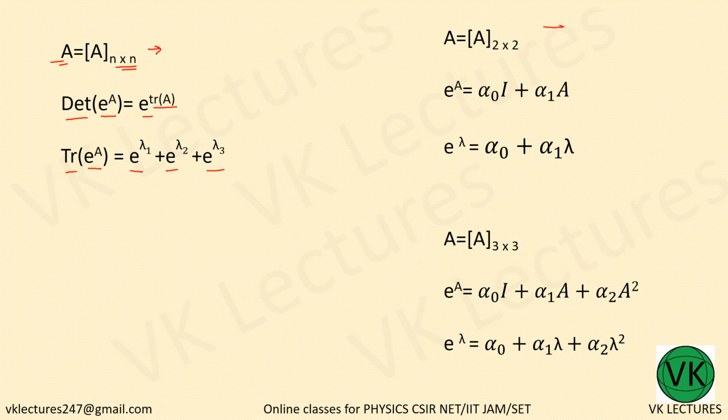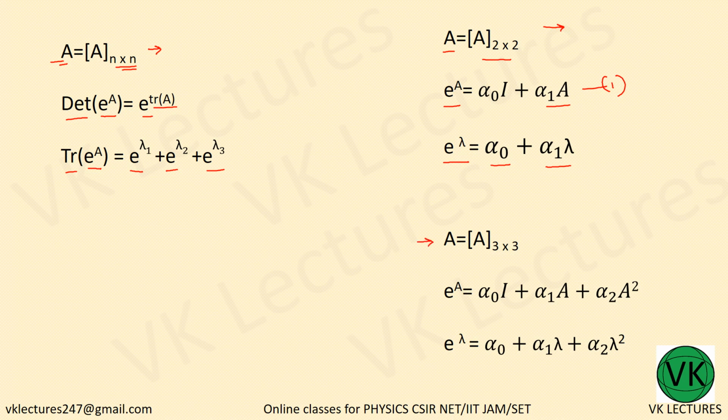Now here you have a 2 by 2 matrix A, then e to the power A is given by alpha naught I plus alpha 1 A. Now e to the power lambda is equal to alpha naught plus alpha 1 times lambda.